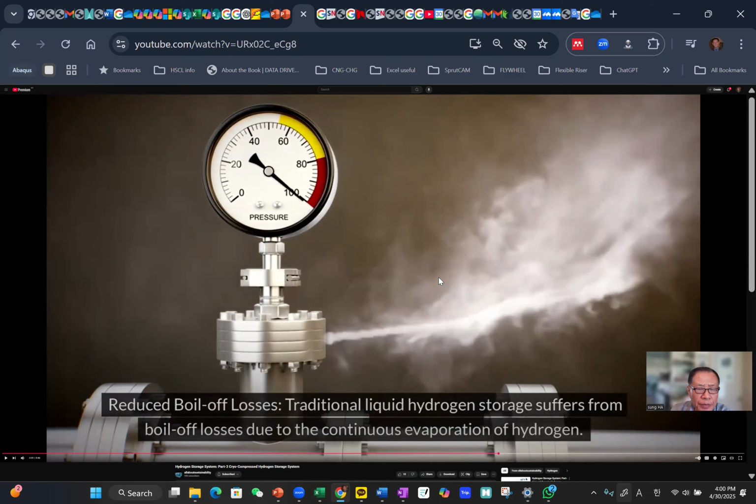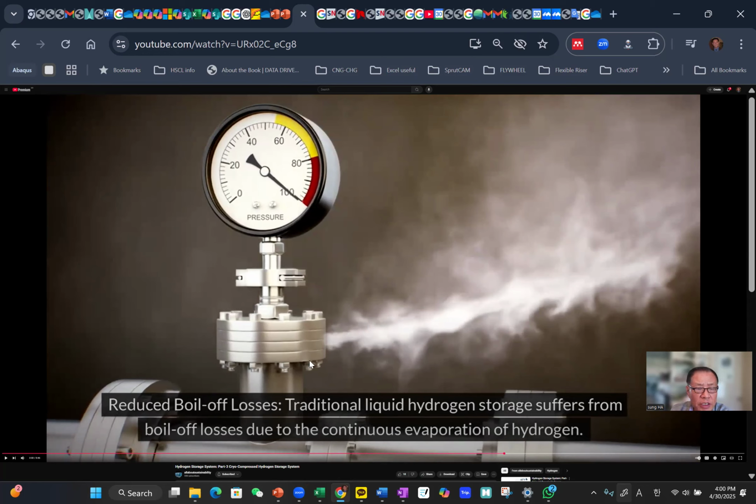Traditional liquid hydrogen storage suffers from boil-off loss, but this reduces the boil-off losses. So CCH2 has to have this boil-off, but it is less than traditional. But still, we have to release the boil-off.